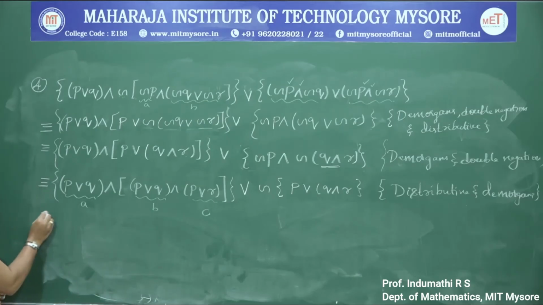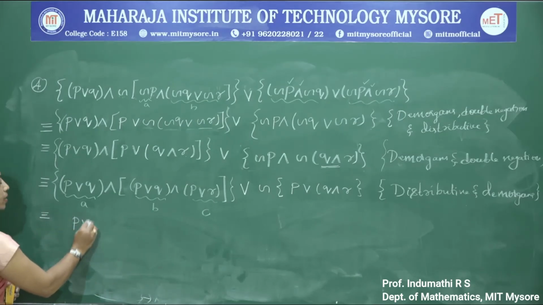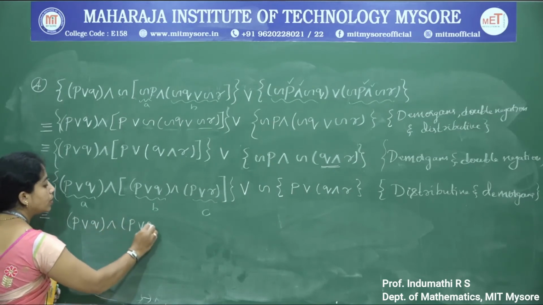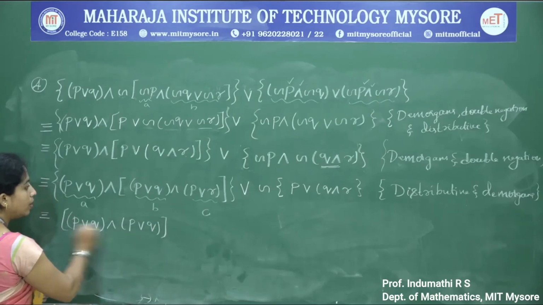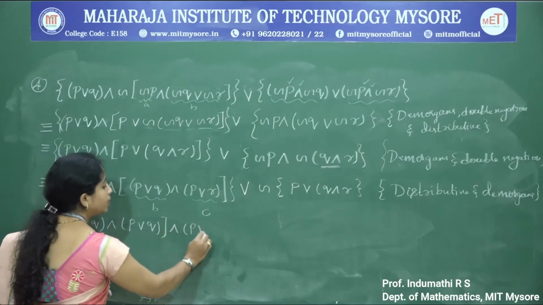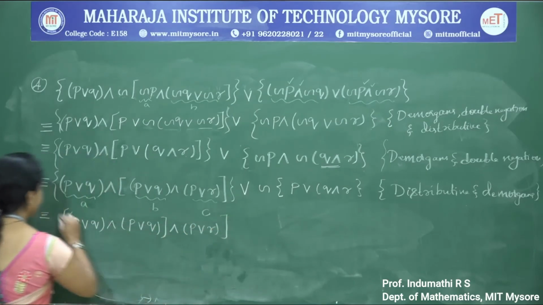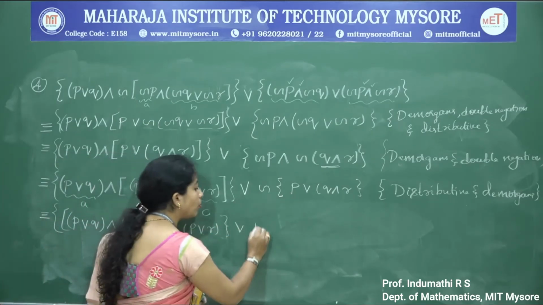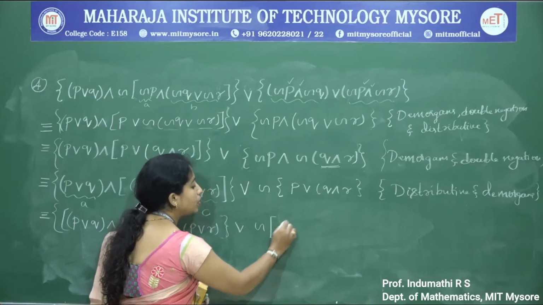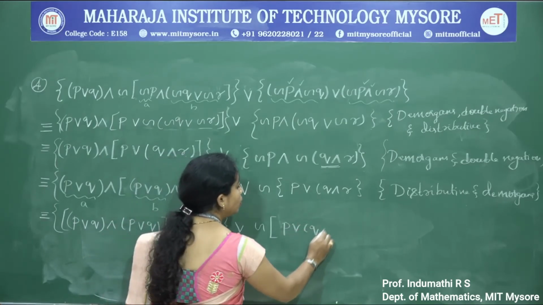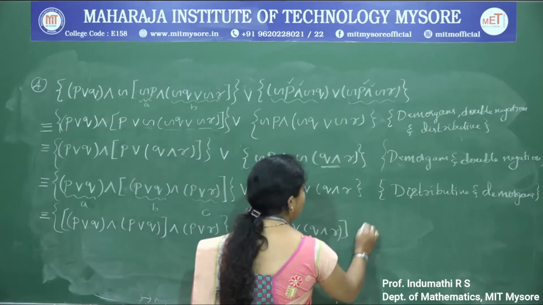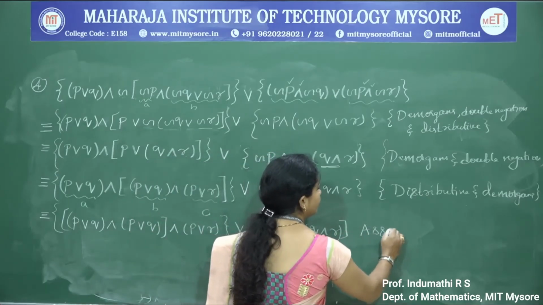That is by applying law of associative. That is P disjunction Q conjunction of P disjunction Q, conjunction of P disjunction R, disjunction of, write the second compound proposition as it is, negation of P disjunction of Q conjunction R. Now in this step we have applied law of associative.